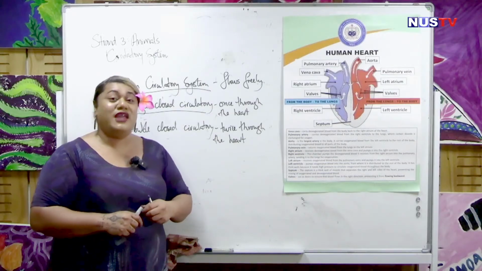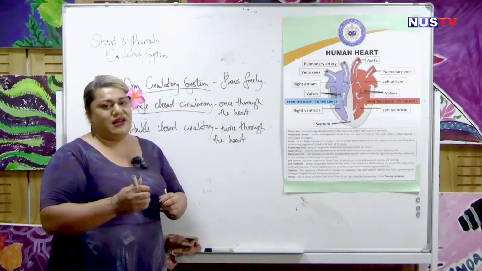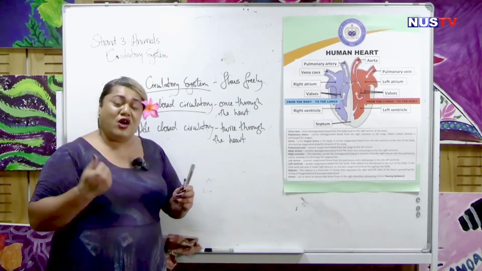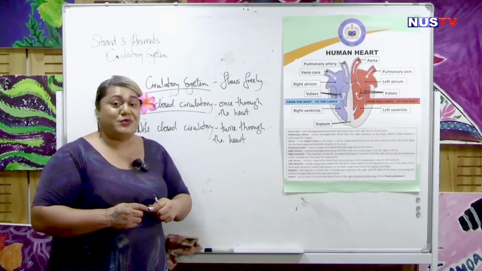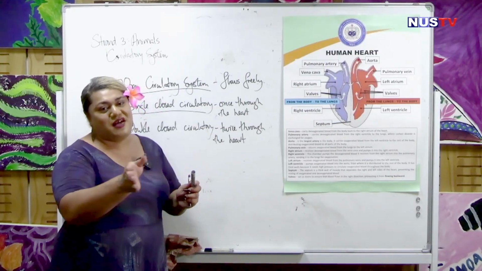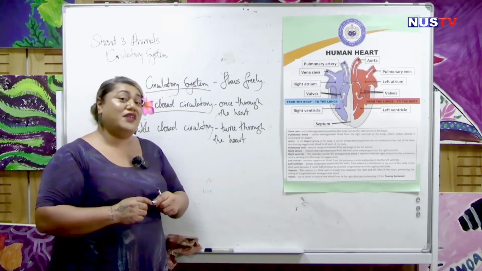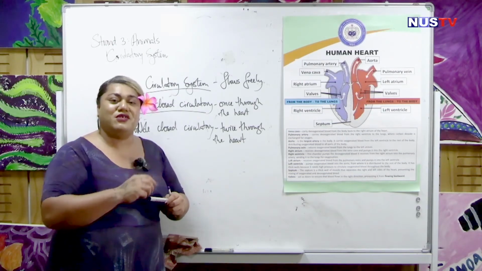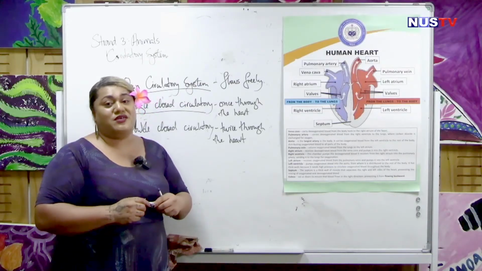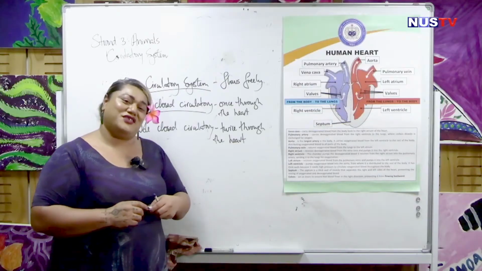So the blood or the oxygen, it flows through where? Yes, it flows through the mouth and it goes out through the gills. Filaments capture oxygen, gas exchange.